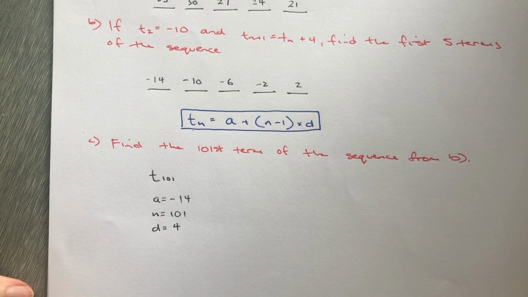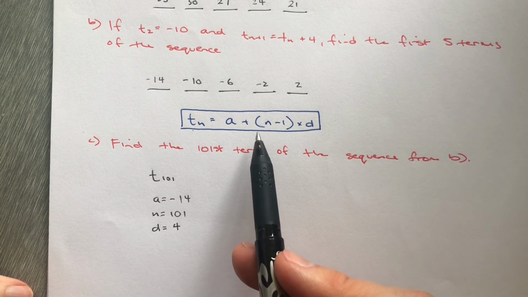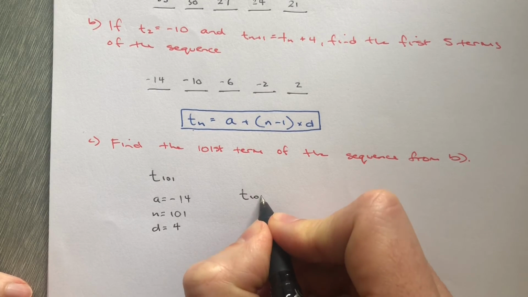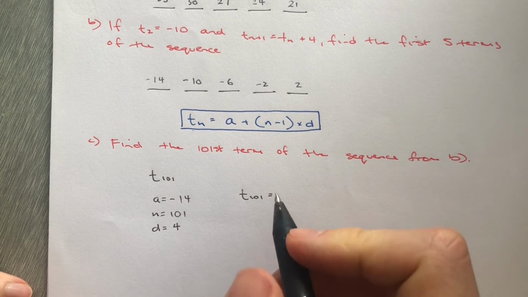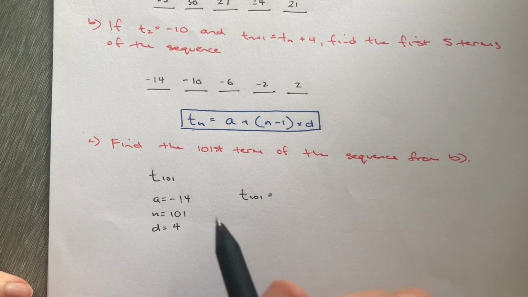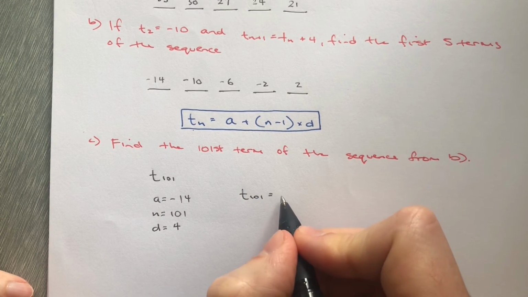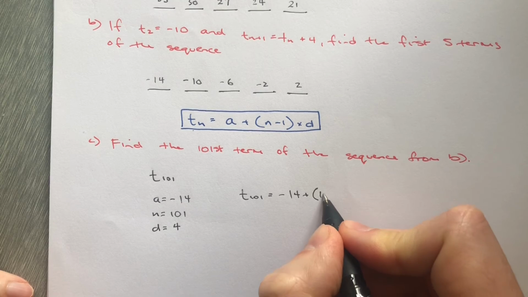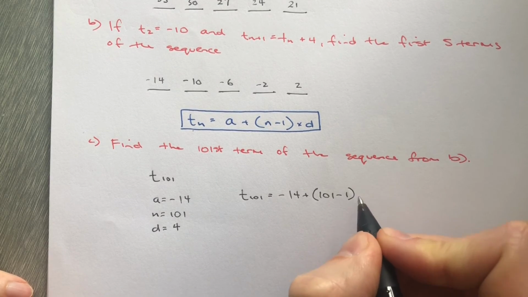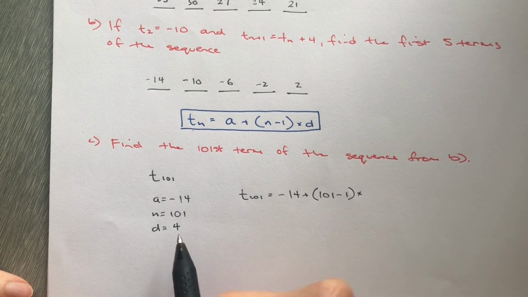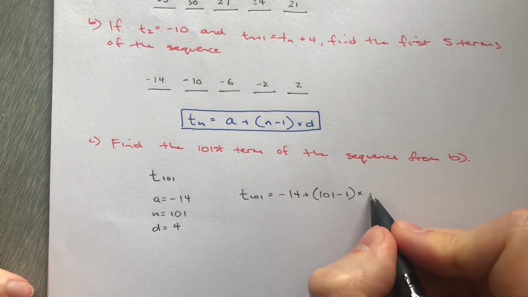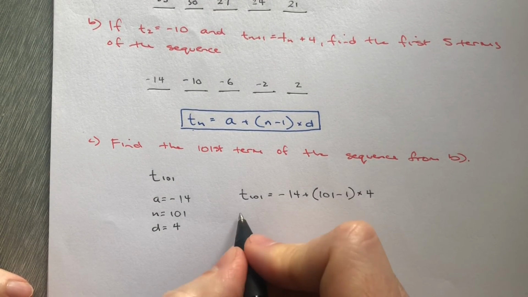Okay, cool. So let's just put all these things into our rule that we've got written here. T101 is going to be equal to A, which is minus 14, plus N minus 1, so 101 minus 1, times the common difference, which is D, which is 4. So let's work this out.